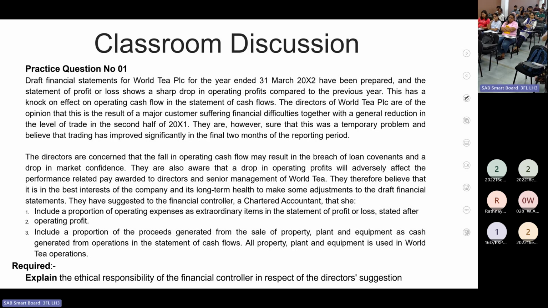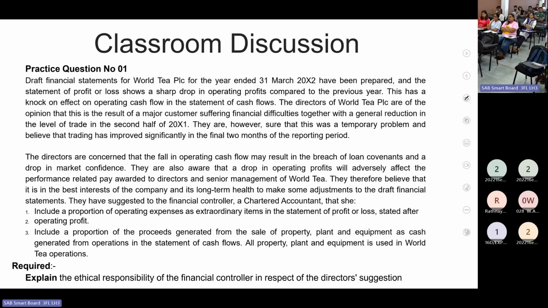Then the next threat, we actually can't find from this case study. You need to think and get out of the case study. What is that? Self-interest threat. Why? Let's say the financial controller agreed to adjust the financial statements.